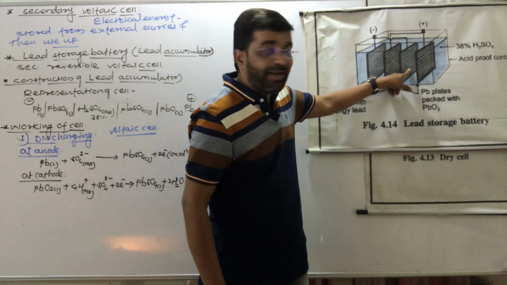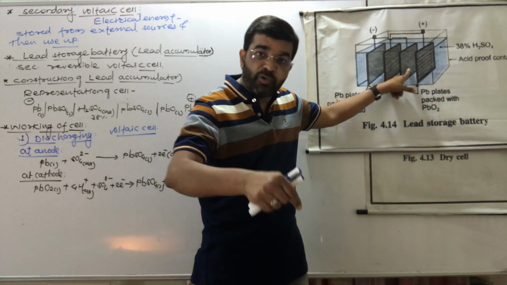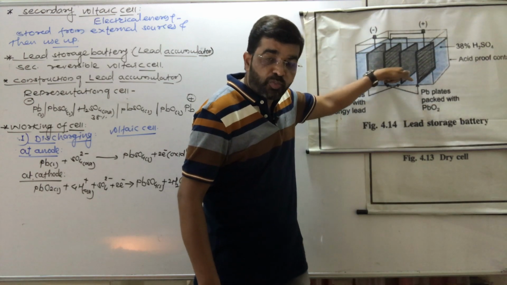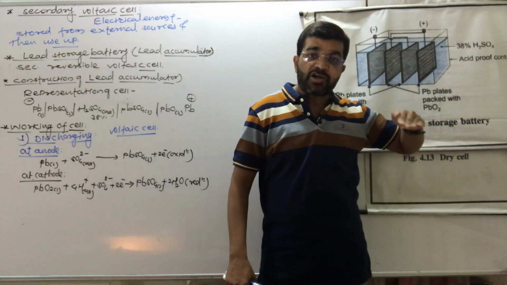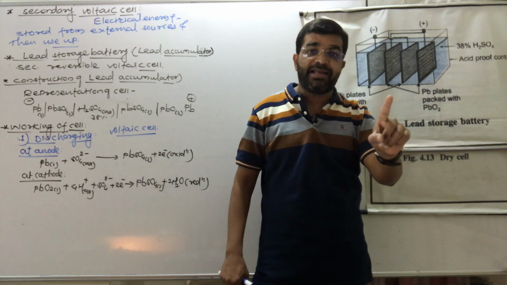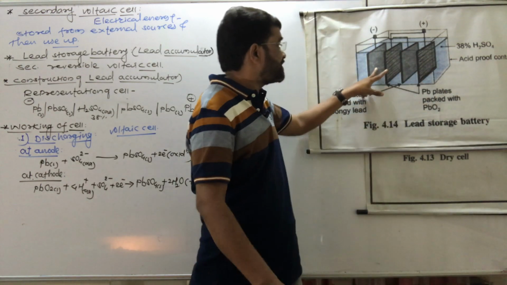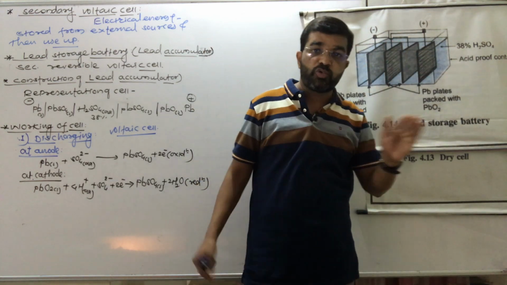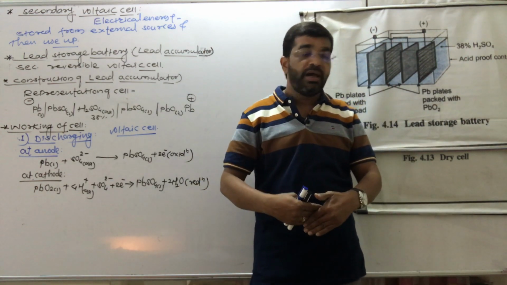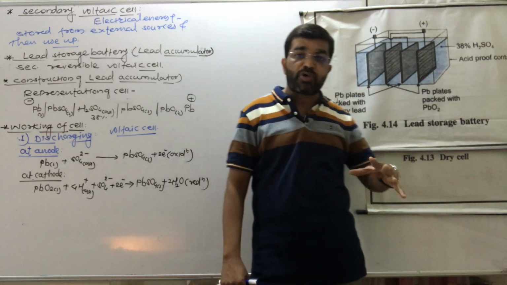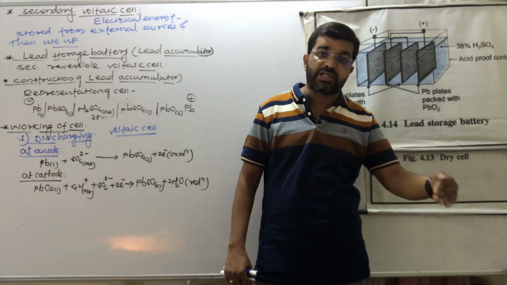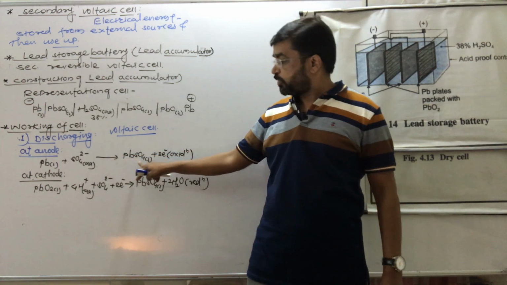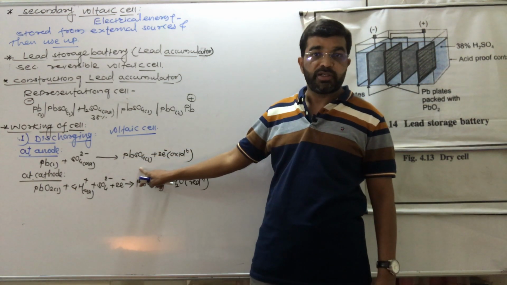So what happens in this cell? From this lead plate, which acts as anode, Pb goes into the H2SO4 solution with the loss of 2 electrons. Each lead ion loses 2 electrons at this lead plate, and those electrons come to the cathode through the external circuit. The Pb2+ ions produced in the solution combine with the sulfate ions of sulfuric acid and produce PbSO4.